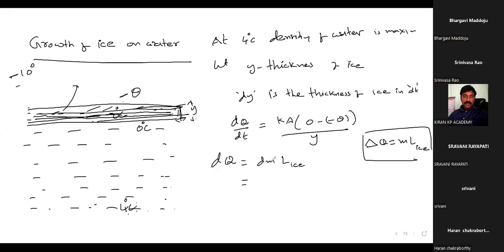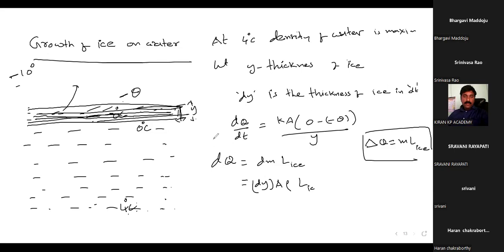dm is the mass of the water converted to ice, which is volume into density. The volume of water converted to ice is the thickness dy into the area of cross section A, into rho, the density, into L. Instead of dQ, I'll substitute this.